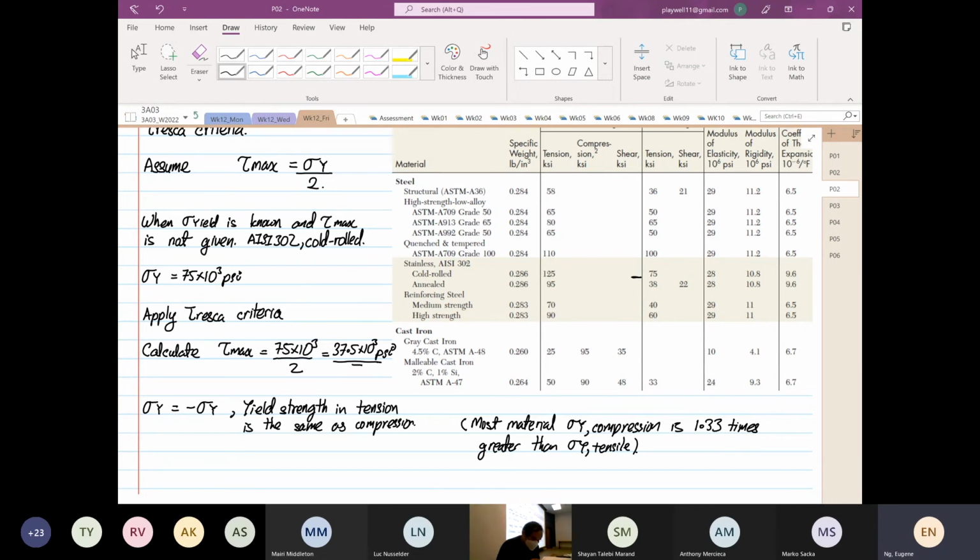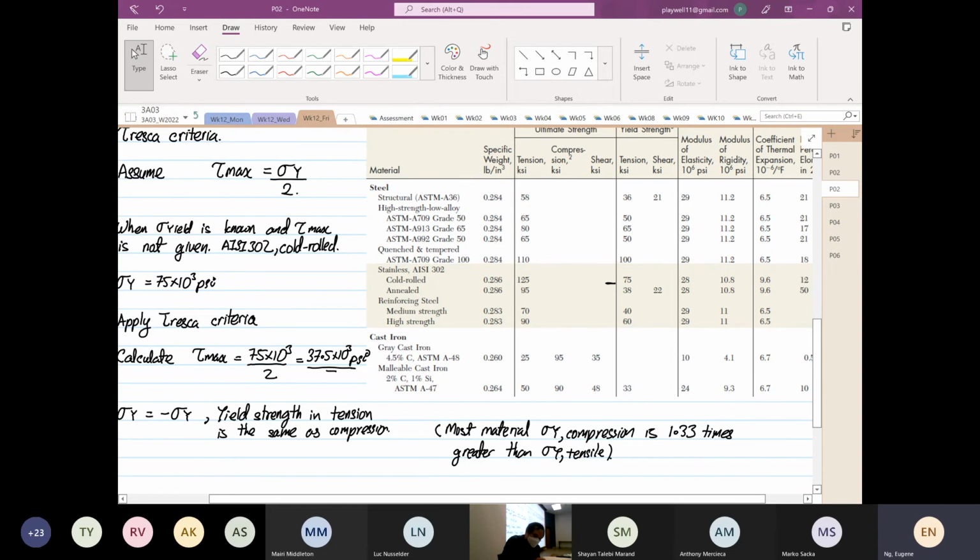So I want to draw your attention to the material table down here. You can see that over here you have something that's 50, yes or no? In compression is what? Whoa, 90. So like I mentioned before, most of the tests in the materials handbook are done in tension. Easy to carry out, convenient. That is the only reason.